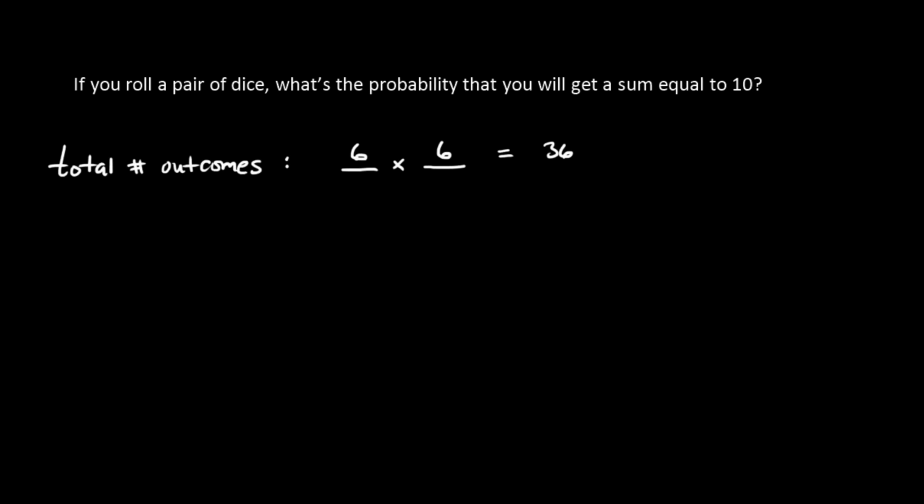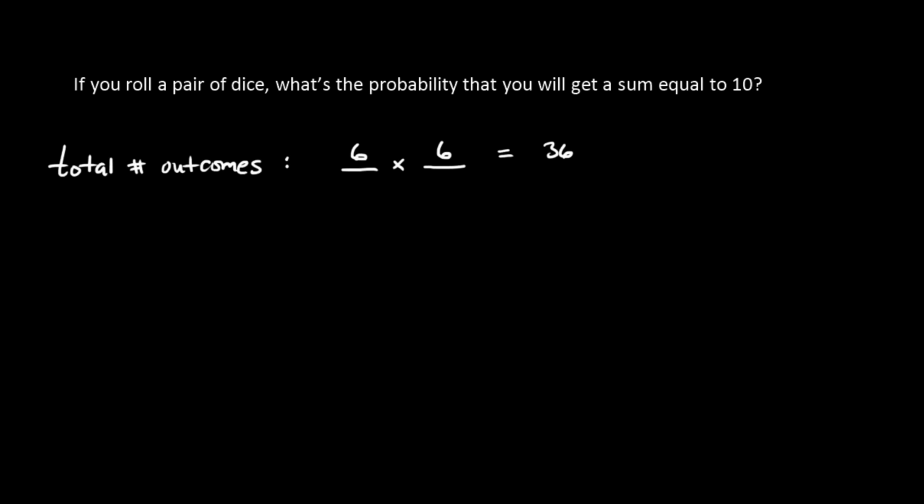Now, we have to keep in mind that it's not going to be 36 unique sums, so we still have to figure out how many different ways we can get a sum of 10. So let's see if we can figure that out before we piece our probability together.